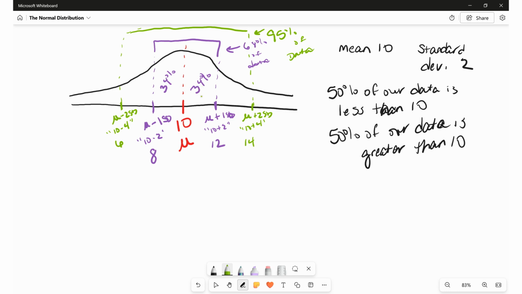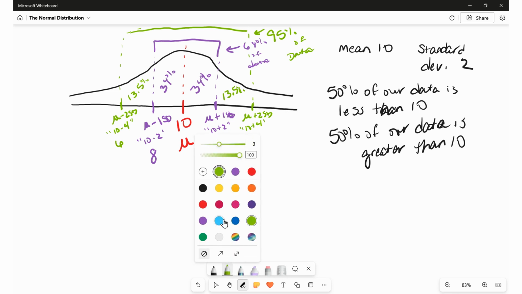And since this is 34%, then this ends up being 13.5% in here. Because if you add up those pieces, you're going to get 95%.